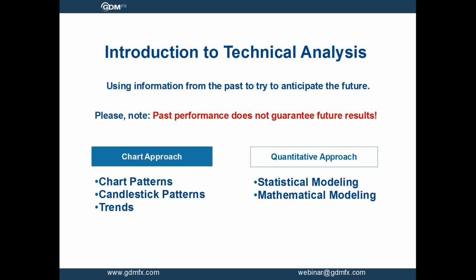By all means, you should keep in mind that you can only use past performance to anticipate the future, to try to get a certain level of certainty as to what you can expect. You cannot, by all means, get a guarantee of what's going to happen.